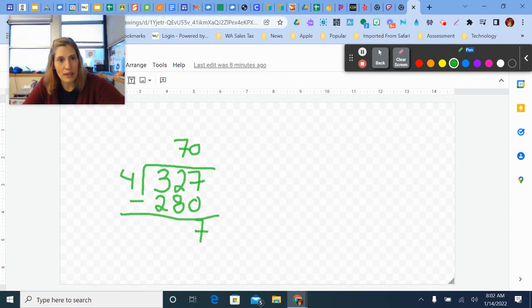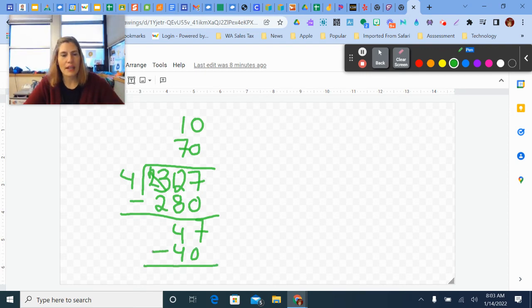Oops, I can't subtract 8 from 2, so I'm going to borrow. That becomes a 12. So now I have 47 left over. That's pretty good. 4, I know, goes into 47 roughly 10 times without going over, because 4 times 10 is 40. So I'm going to put my 10 up here, my 40 down here, and I'm going to subtract.